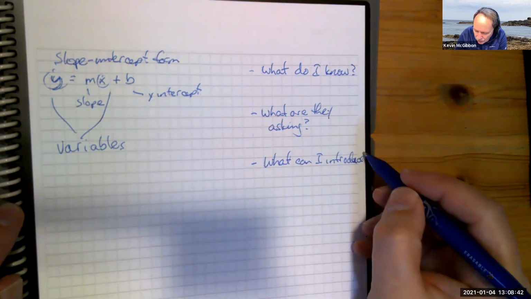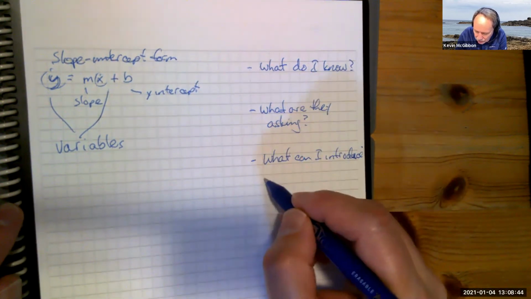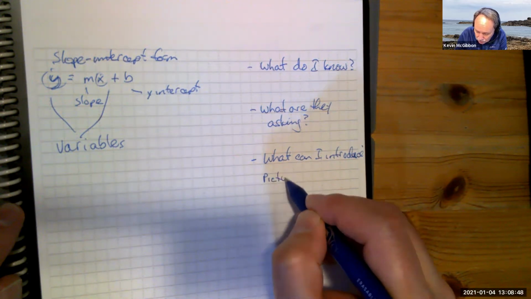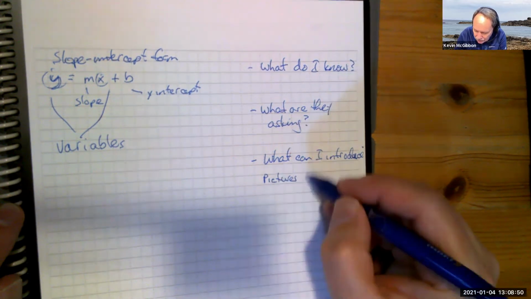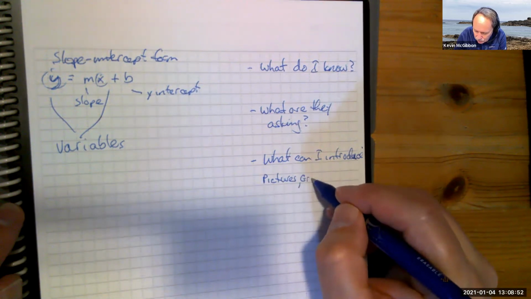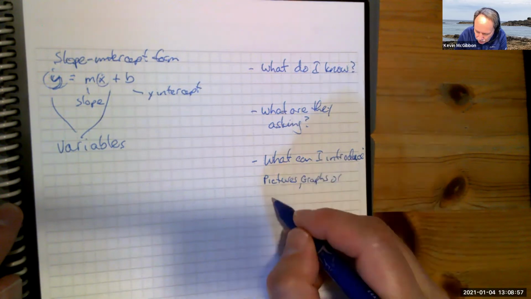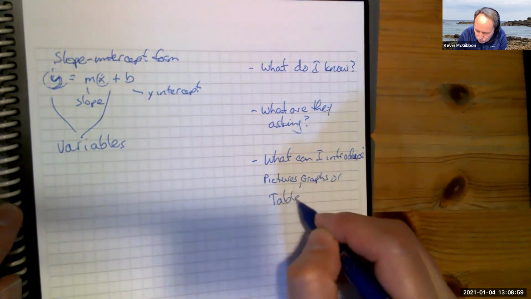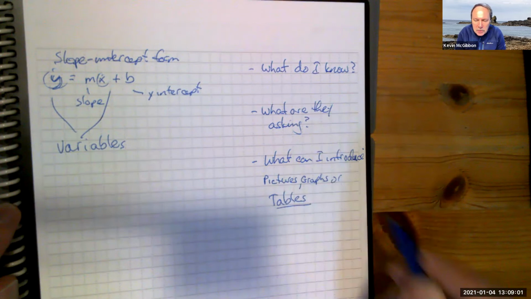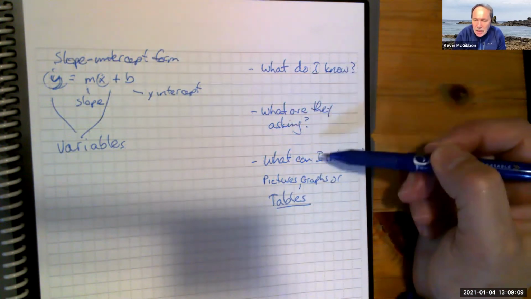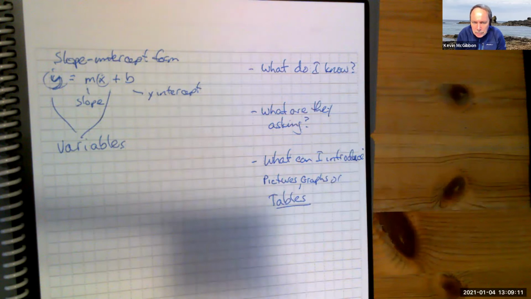In other words, what helps? Pictures, graphs, or tables are also examples. And today we'll show tables when we do it. So I think when we ask these questions, it helps us with the word problem.